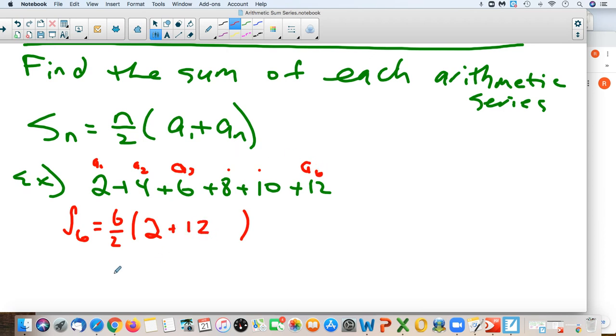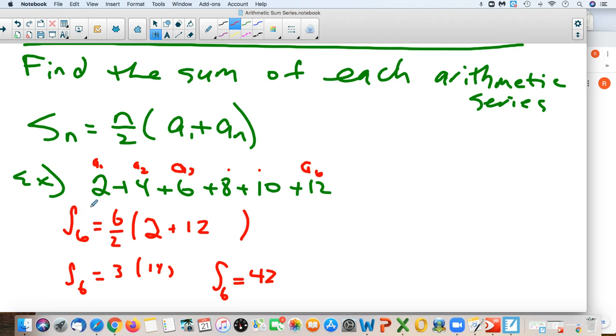That should give us the sum of the first 6 terms in the sequence. So that will be 3 times 14, and the sum of the 6 terms will be 42.